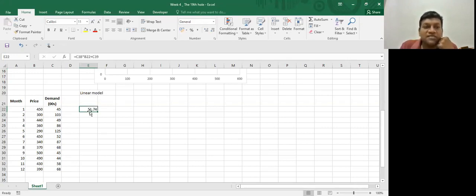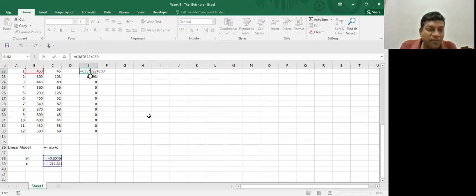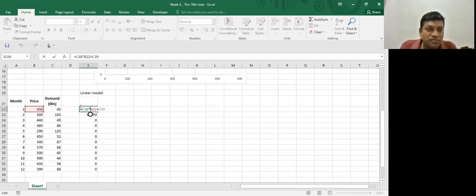Now if I drag it down, there will be an error because I've not locked the cells. So let's lock the values of M and C. I click on C38 and press F4 for dollar signs. Similarly C39, F4. So both cells are locked now.